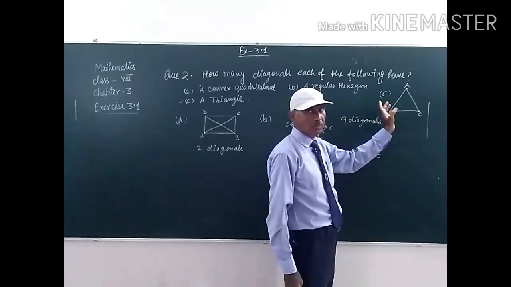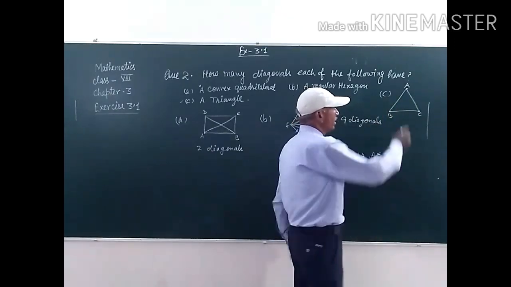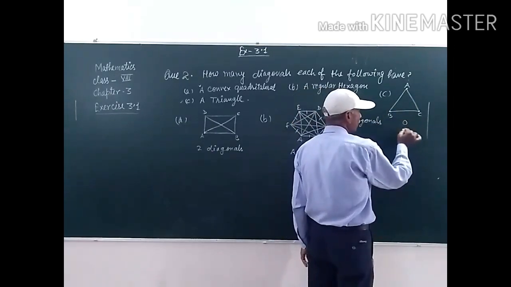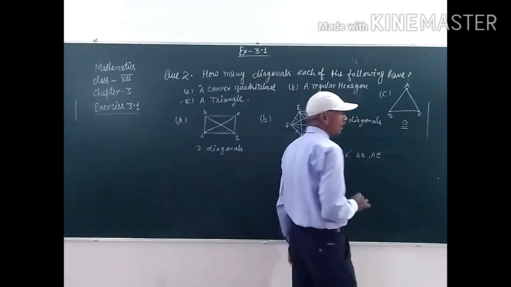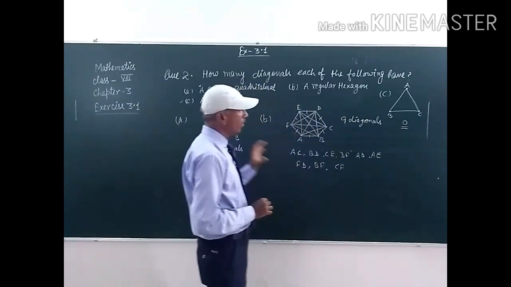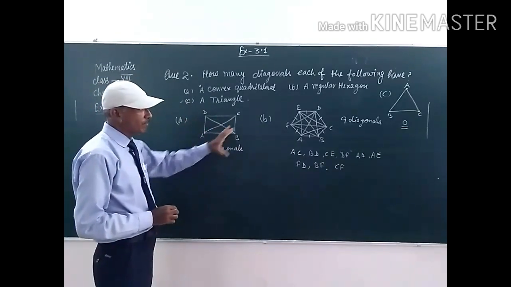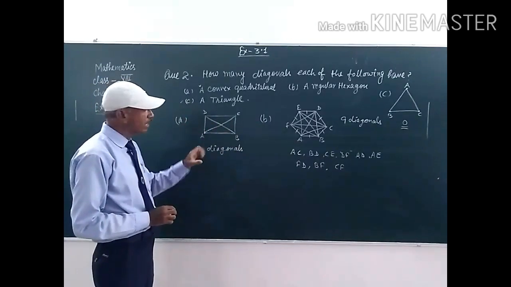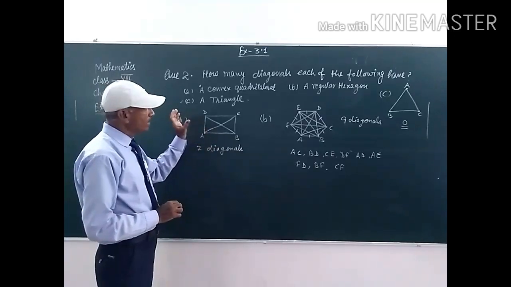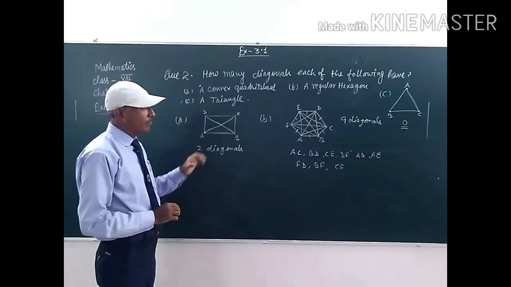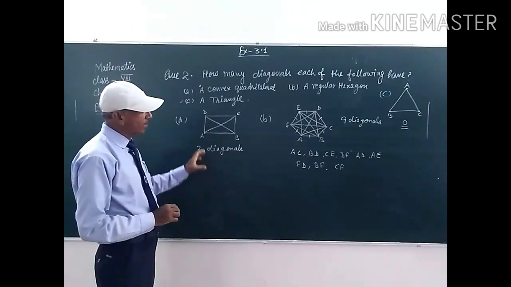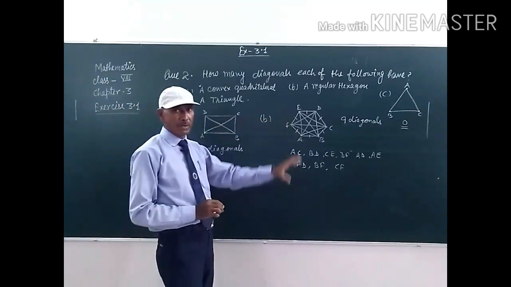There are no non-consecutive vertices, therefore the number of diagonals will be 0. Now we have to use the formula, student. This was the first method to find the diagonals, and the second method, using the formula, we can find the number of diagonals of any polygon.